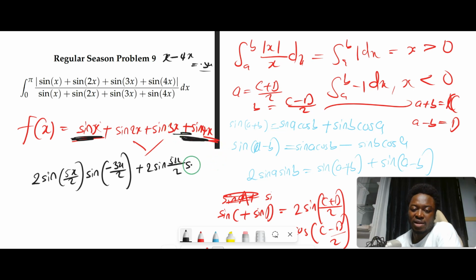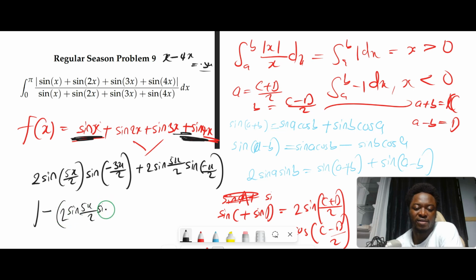So this is going to be sine of negative x over 2, right? Yeah, so we have a negative and negative. So this will be the negative of all of this. So sine of 5x over 2.